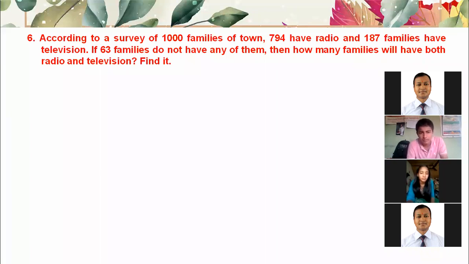Both means we have to find out the intersection of radio as well as television. At first know the process, and while writing the answer follow the process properly. At first we have to denote the given things.